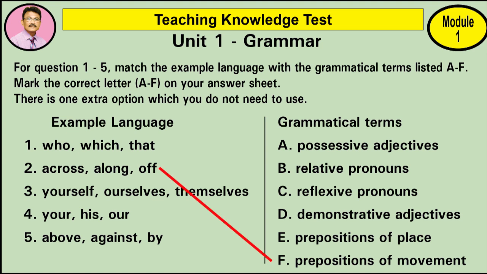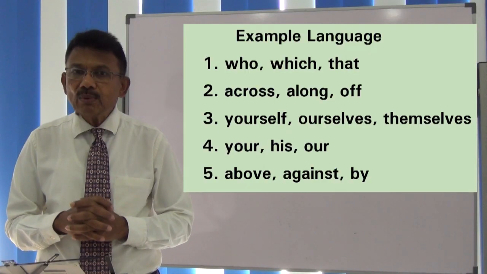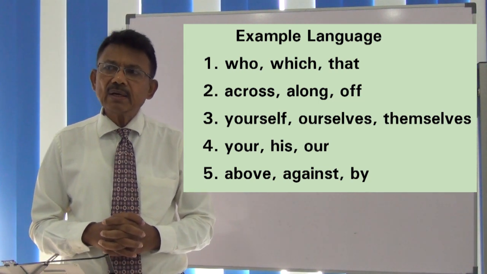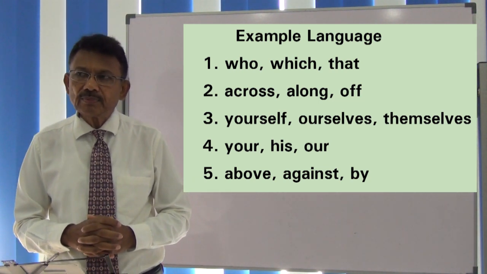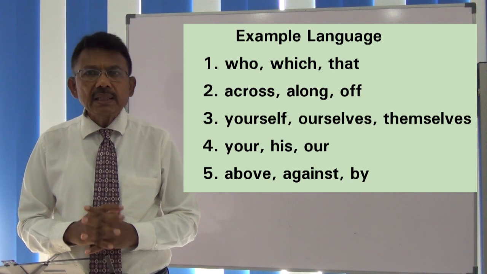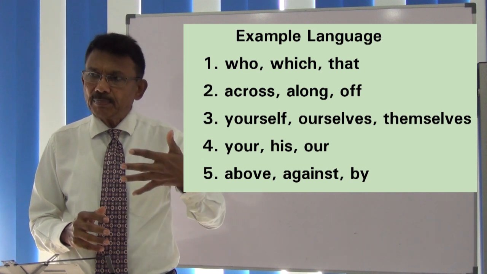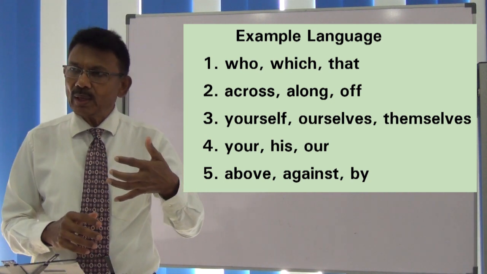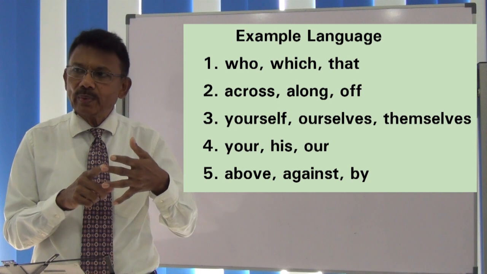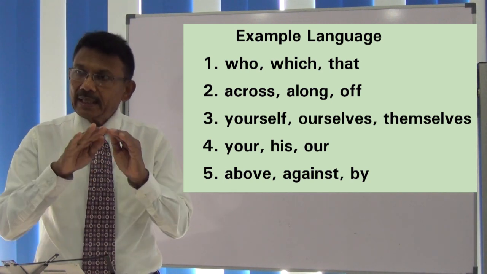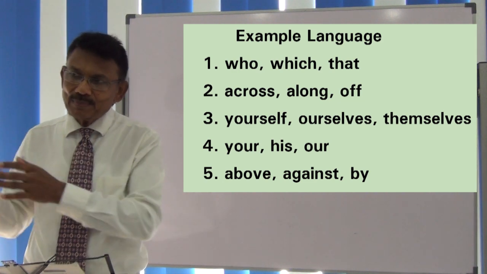Now let's come to 3. Yourself, ourselves, themselves. What are they? They are pronouns. Everybody knows that there are 7 personal pronouns: I, you, we, they, he, she and it, and they have 5 different forms.